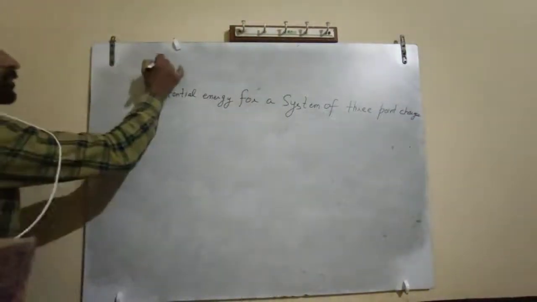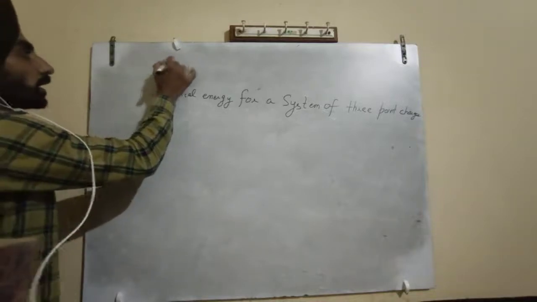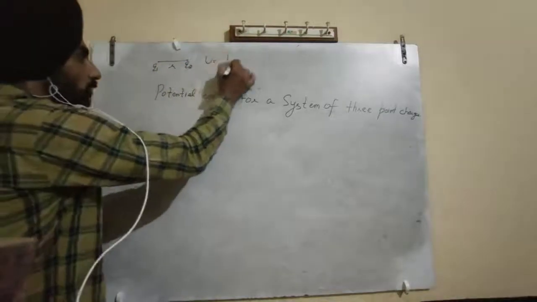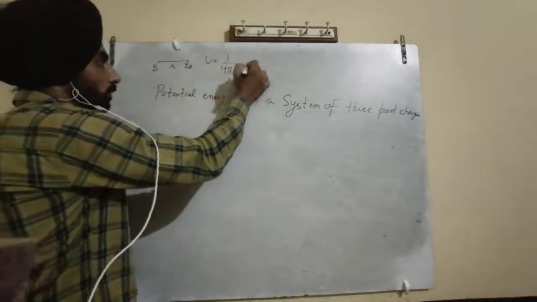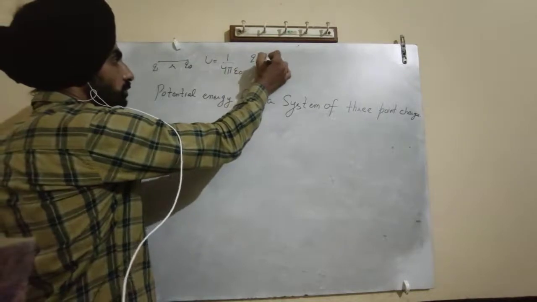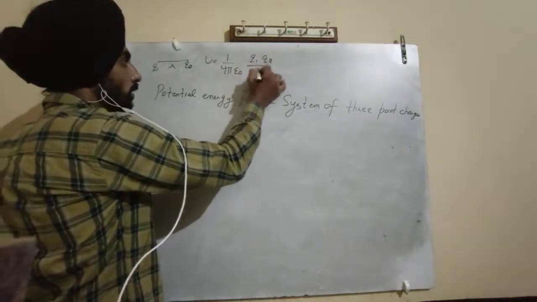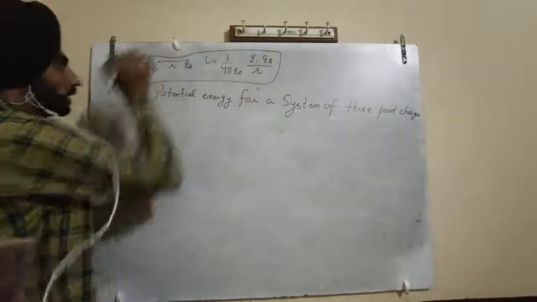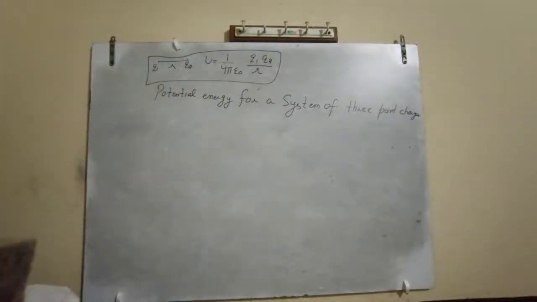So you know, if there are 2-point charges Q1 and Q2 at distance r, the potential energy is 1 upon 4 pi epsilon naught Q1 Q2 upon r. This is an important relation that we have already derived. Please keep it in mind. Suppose you have two charges.